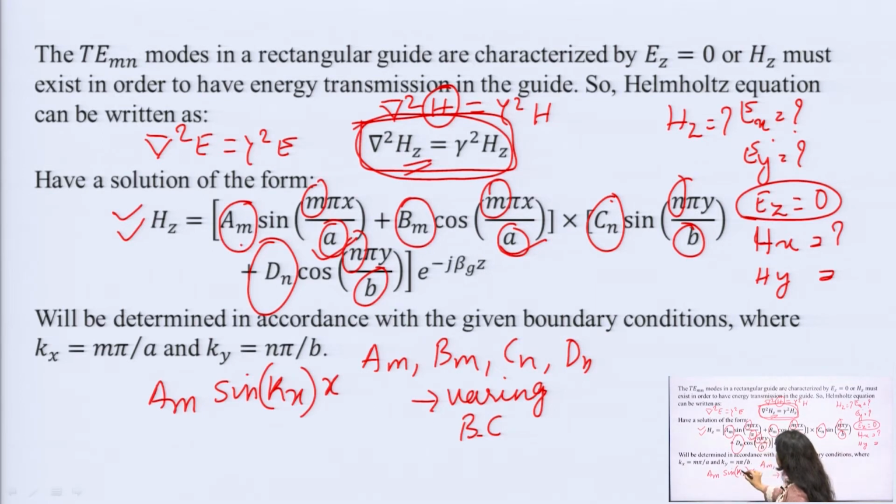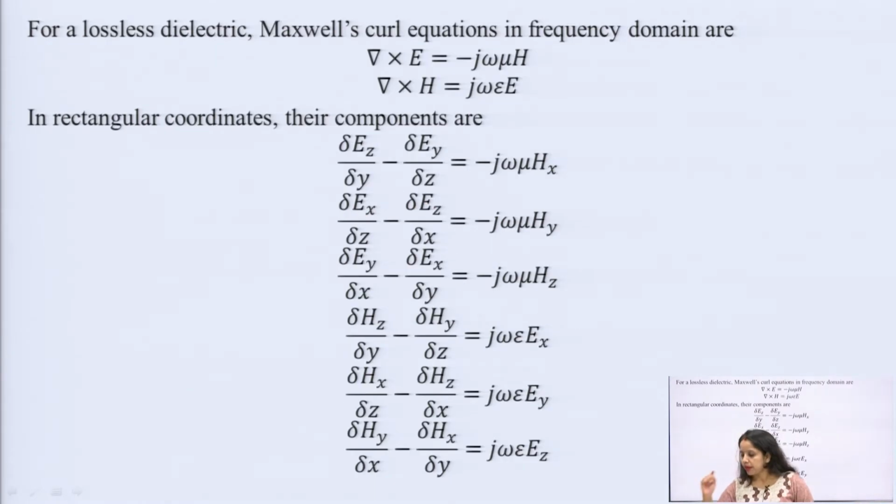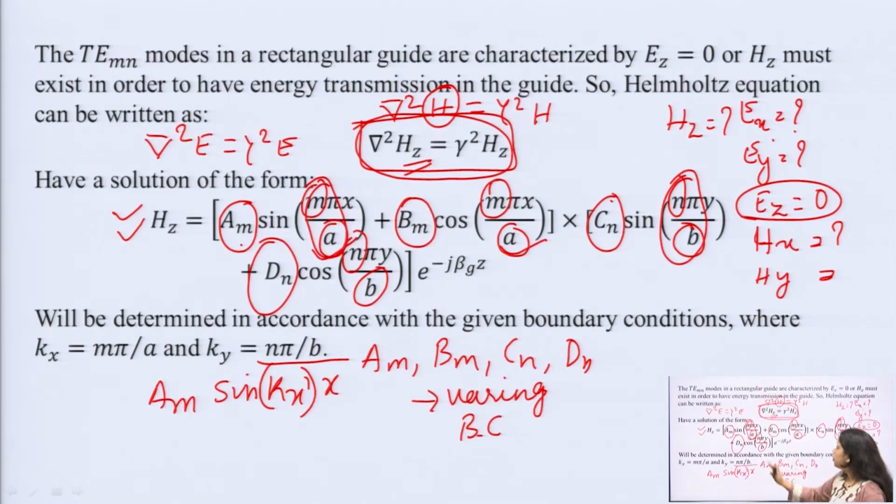So, this Kx is m pi by A, and this is our Ky, which is equal to n pi by B. This is as per the boundary condition, that is, as per the waveguide available with us, and this is a rectangular waveguide, that is why Kx is equal to m pi by A and Ky is equal to n pi by B.